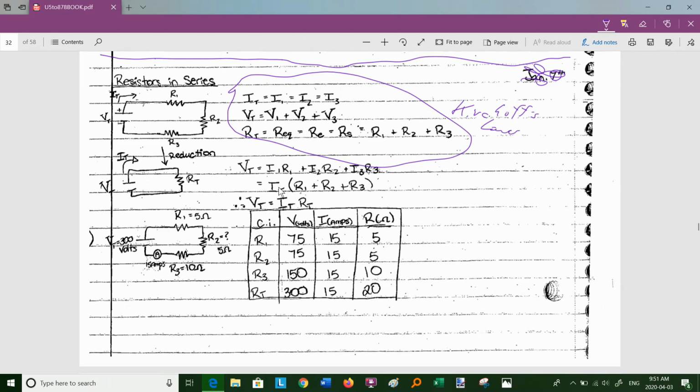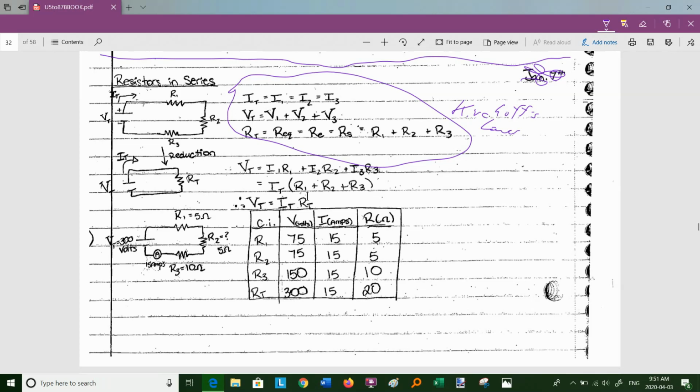They're all I total, so I can factor that out. And my total voltage is I total times R1 plus R2 plus R3. Well, R1 plus R2 plus R3 has to be our total, because V total is I total times R total. So that's the way to prove that the total resistance is adding up R1 plus R2 plus R3.